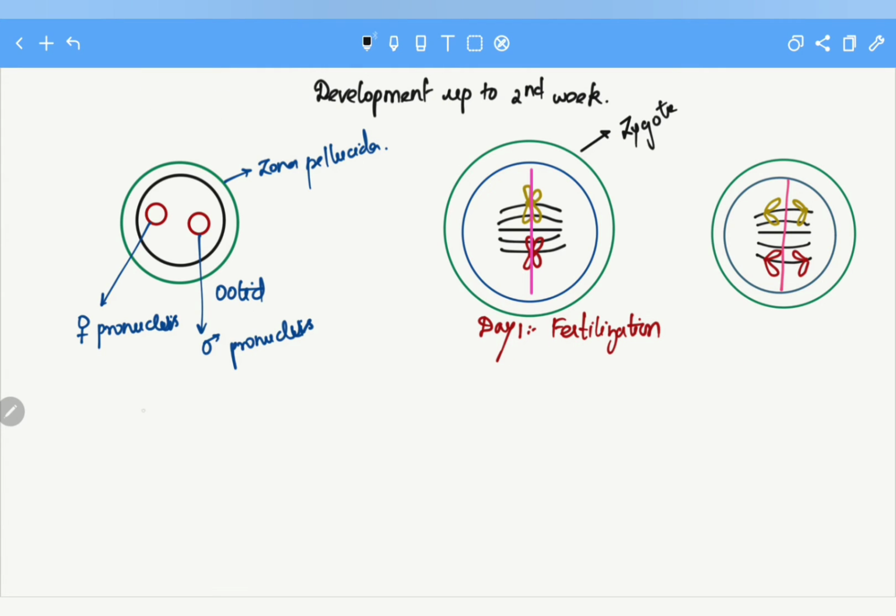What happens during day 2? The cleavage is completed, so a single cell is converted into two cells. That is the two-celled stage, as a cleavage furrow arises in the middle, as I already said.